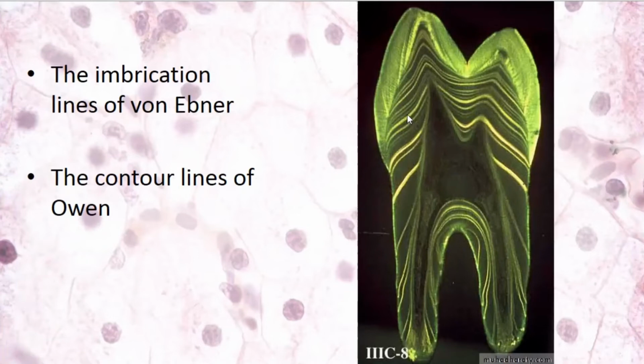For example, when a child or adult has had different periods of malnutrition or something else, different severe diseases, we have here thick, less mineralized lines in the dentine, and we can say that in some period of life this human has had different diseases or causes which have caused less mineralization of dentine. So those lines correspond to the periods of dentine mineralization.